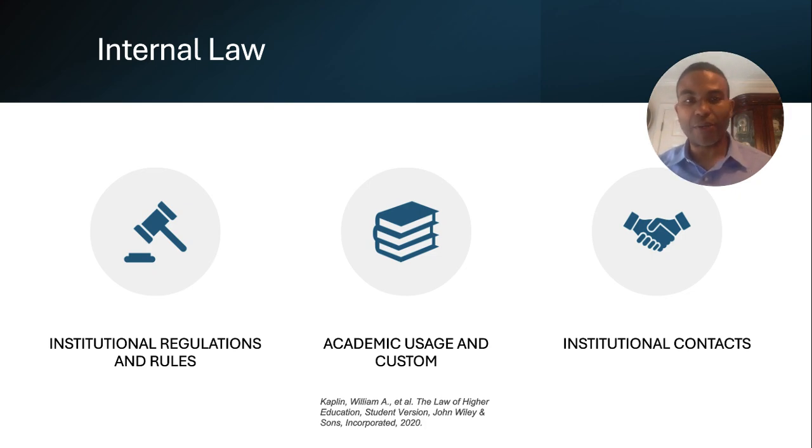And that can be composed of things like institutional regulations and rules. It could also have to do with academic usage and customs, so things that maybe aren't written on paper, but they're customary academic things that happen at the institution. Also, as well as institutional contacts and contracts.